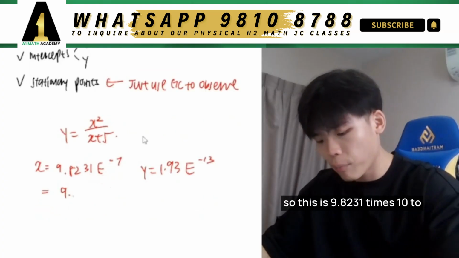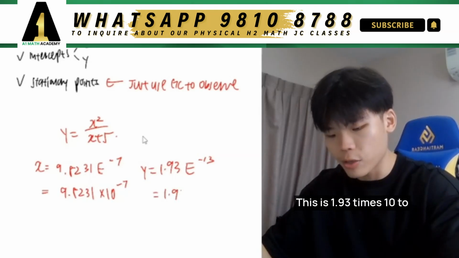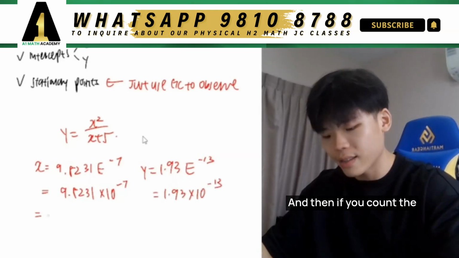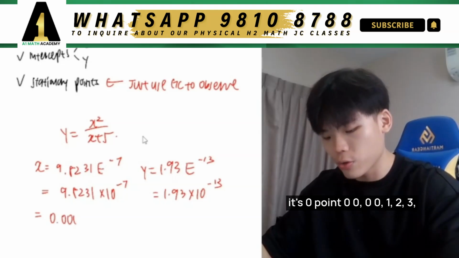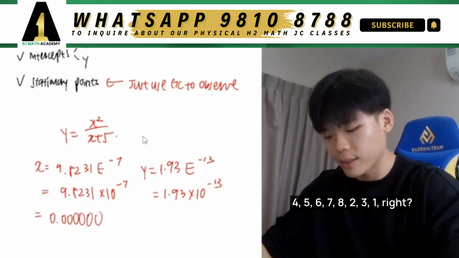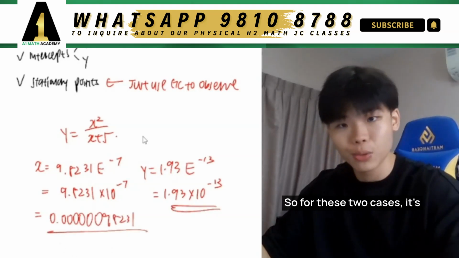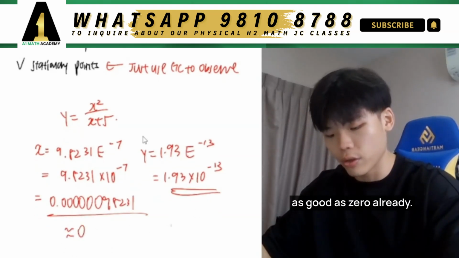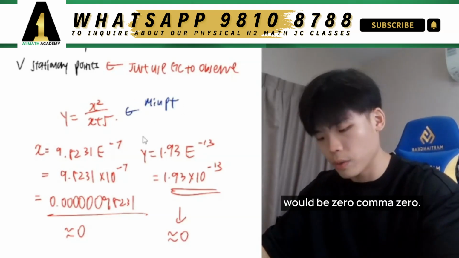So this is 9.8231 times 10 to the power of negative 7, and this is 1.93 times 10 to the power of negative 13. If you count the number of zeros, it's as good as saying 0.0000009823. It's so small, and this one is even smaller, right? So for these two cases, it's as good as 0 already. So we will say that the minimum point for this curve would be 0, 0.